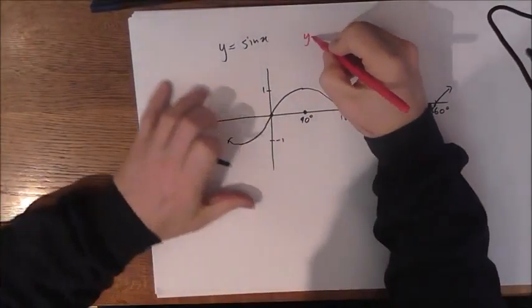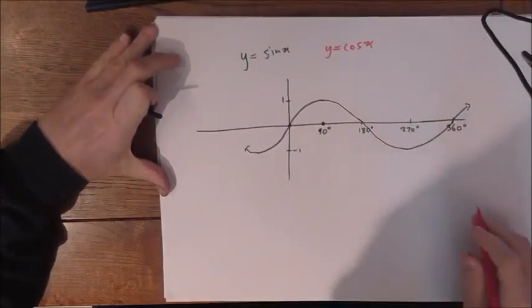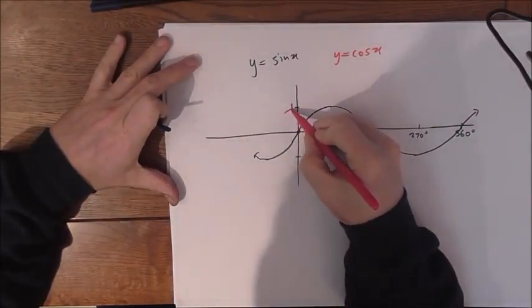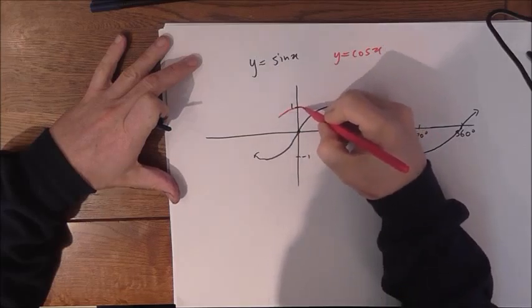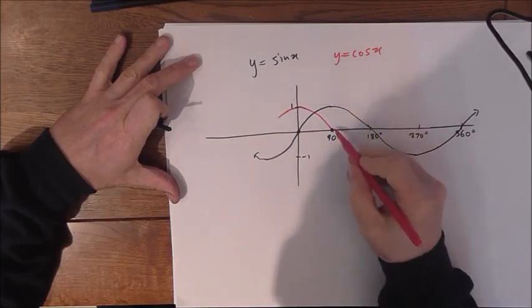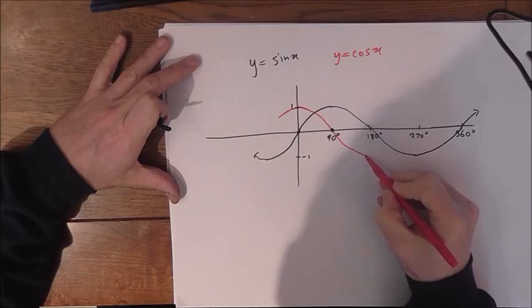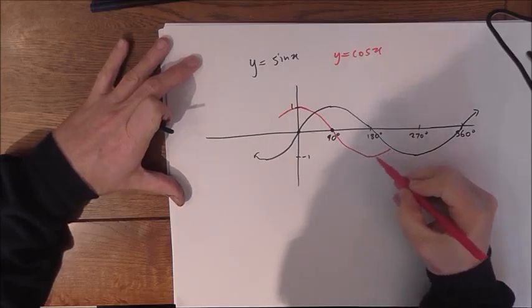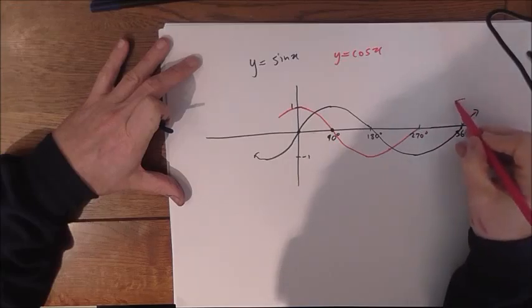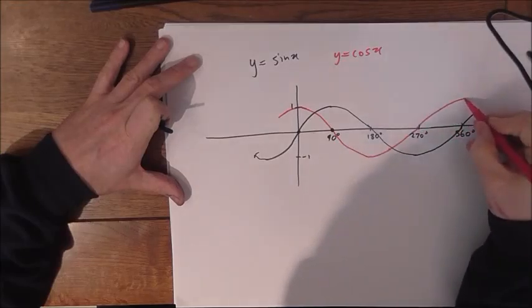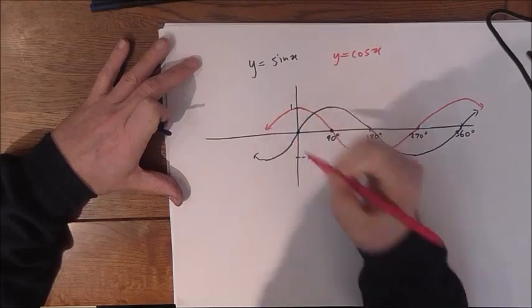y equals cos x I'll do in red. It's the same thing, but this time the central hump is dead center. Every 90 degrees it either reaches its minimum, reaches a maximum, or crosses the axis. So it's your cos x graph.